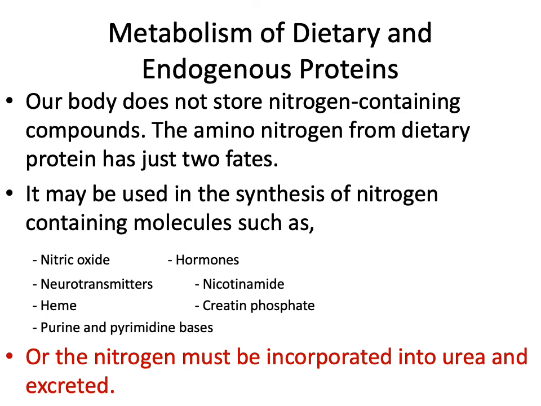It can be used in the synthesis of other nitrogen containing molecules, and there's a list here. What's not on the list is other non-essential amino acids. We can use the nitrogen from other amino acids if we have a shortage of certain non-essential amino acids, or if the amino acid is going to be broken down to produce energy, the nitrogen must be incorporated into urea and excreted.